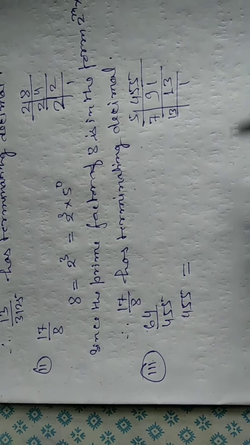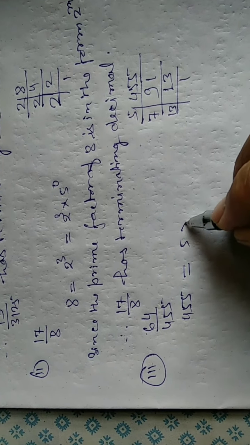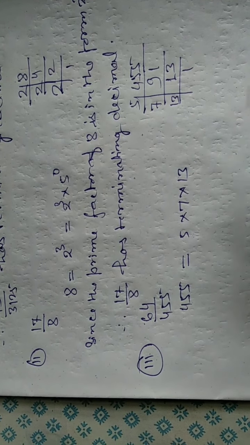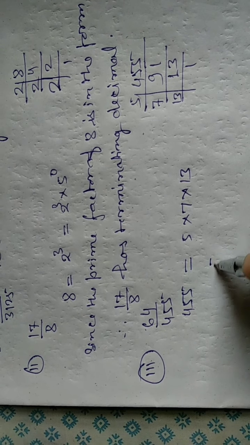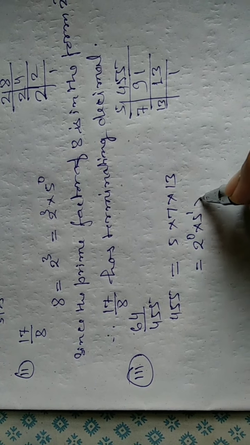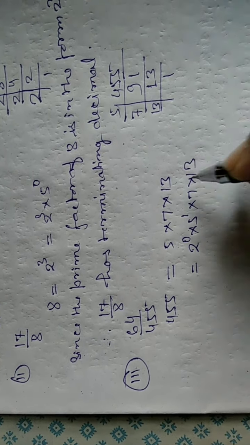It is divisible by 13. Then it is 5 into 7 into 13. You can write this as 2 power 0 into 5 power 1 into 7 into 13.